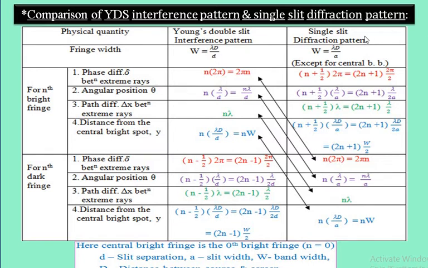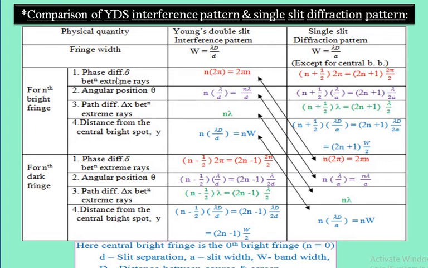And for the single slit diffraction pattern, the fringe width W is equal to lambda D divided by small a. Small a is nothing but the slit width. This formula is except for the central bright band. For nth bright and nth dark band, the physical quantities are here the same.